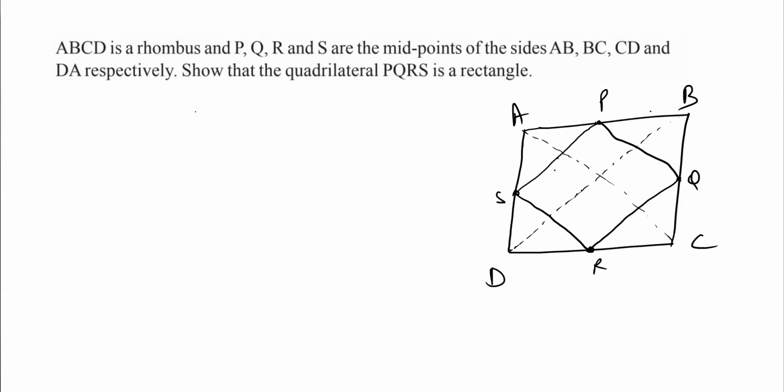I'm just writing in short points; you have to write it properly. S and P are midpoints, so we can say that SP is parallel to DB and SP is half of DB.